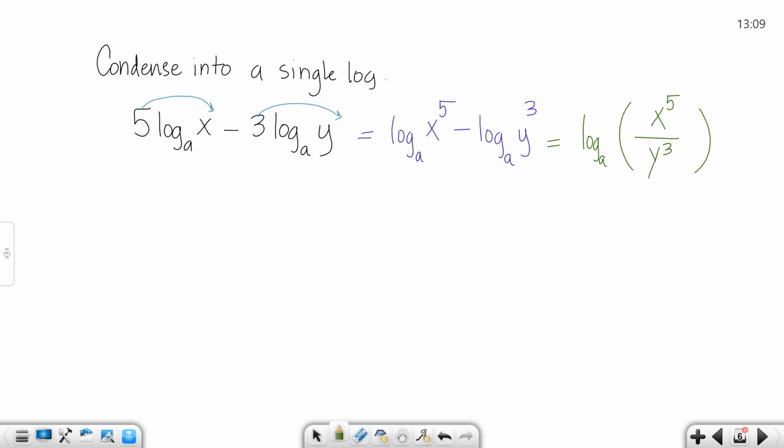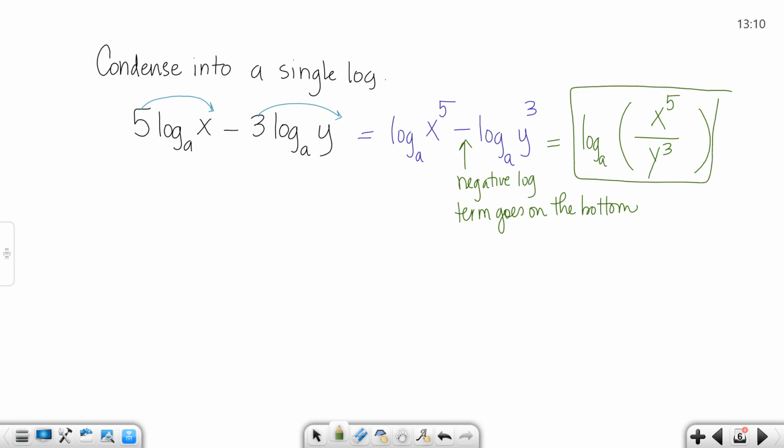When I'm subtracting the logs, I divide the terms. One other little rule of thumb that you can go by, if your log is negative, that means the term goes on the bottom. So that's another little fact that you can use. So my answer for this one is log base A of x to the 5th over y cubed.